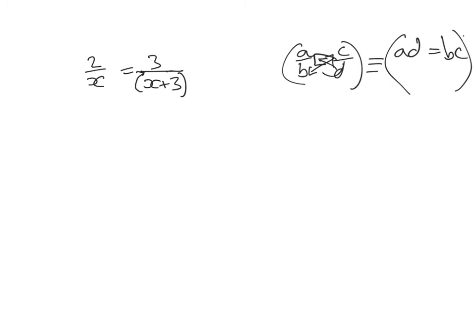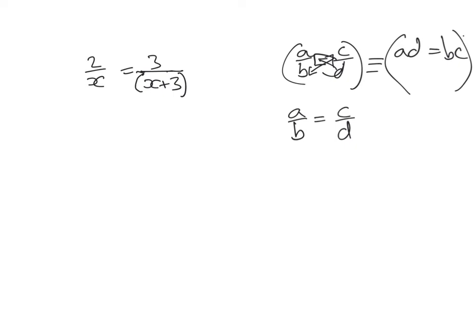The long reason for this is that if you consider you've got A over B equals C over D. Okay, so first thing you want to do is you want to get rid of this denominator. So to get rid of a divide by B, you times both sides by B. Similarly, here, to get rid of this denominator, dividing by D, you times both sides by D. So what we're actually doing is this.